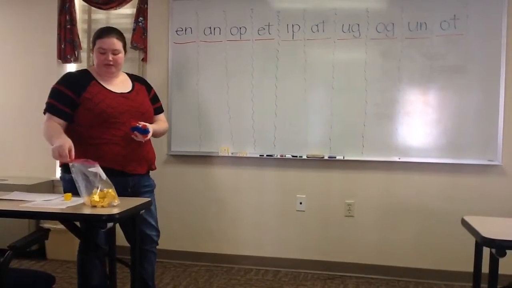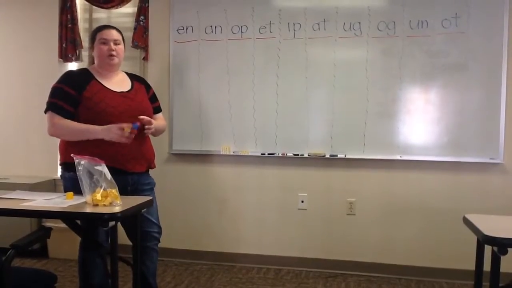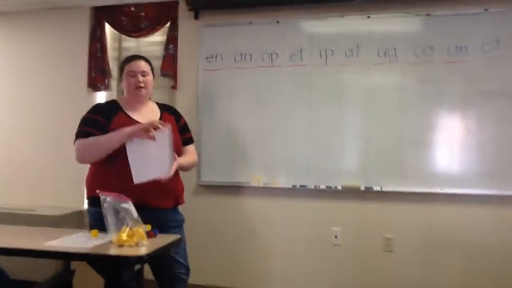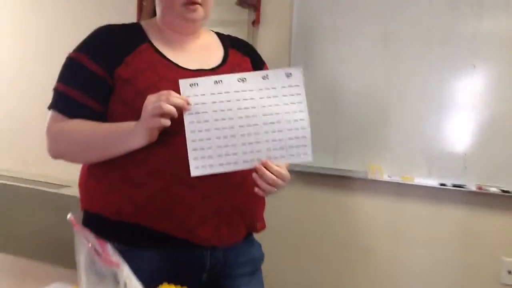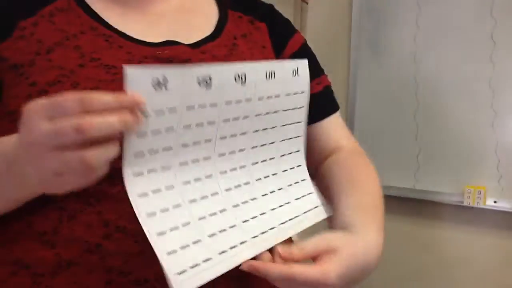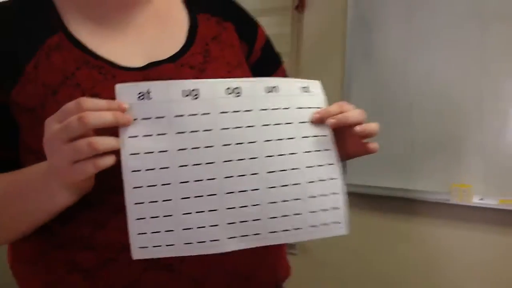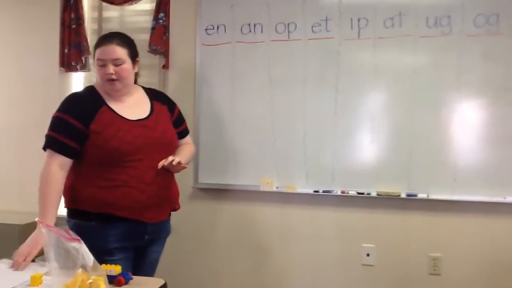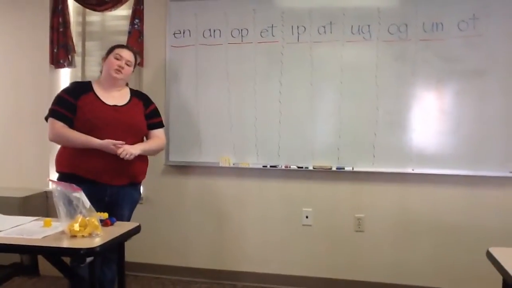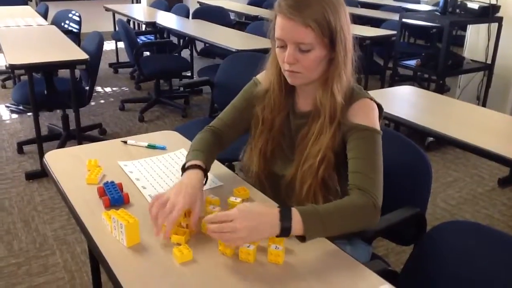Then you're going to use your letter bricks, make all your words, and write them down on the sheet. When you get done with the front, flip over to the back and do the exact same with the rest of the blends. When everybody is done with their small groups, we're going to come up and let some of you write your answers on the board.